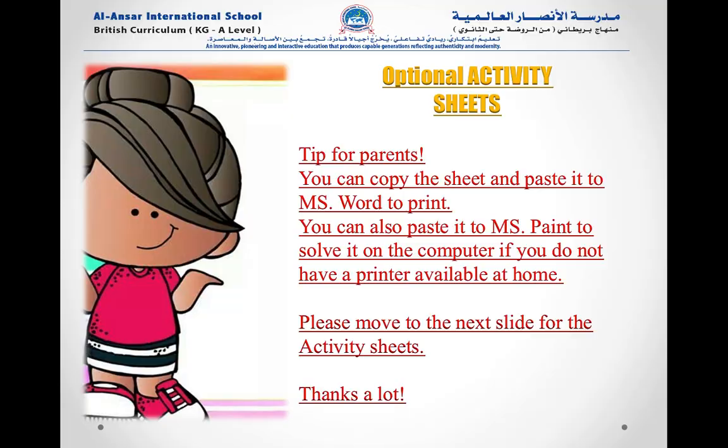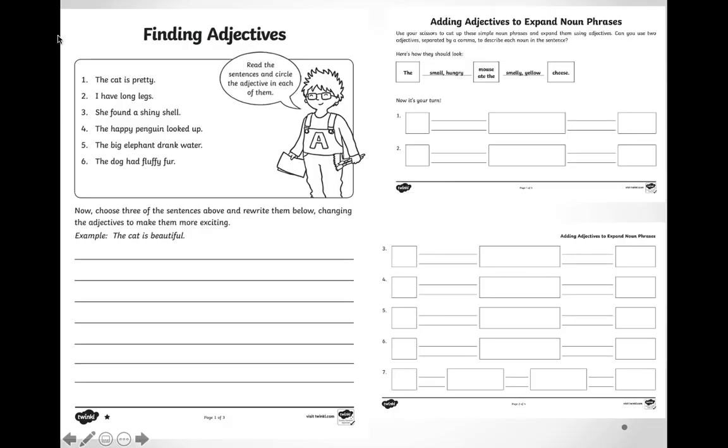These are optional activity sheets that you can complete at home. So all you have to do is right click, you can copy it and you can print it out, or you can complete it on your phone and keep it with you. This is just extra practice. It is a lot of fun, but if you do not have time, that is okay.